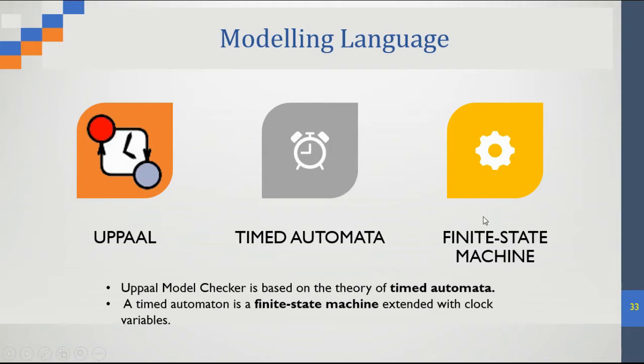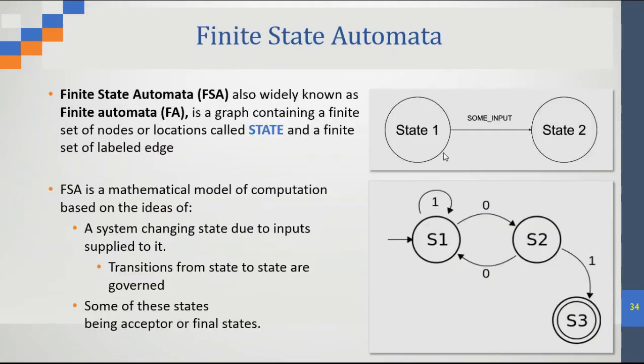So as we said, today we continue our class to learn the finite state machine, which is the basis of modeling automata in Uppaal. So let's start with the finite state machine.